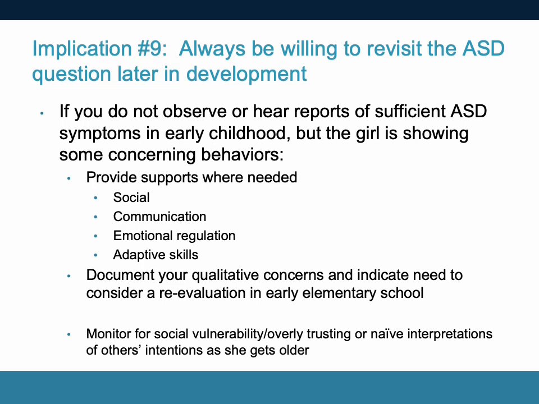So whether they fully meet ASD criteria or present more like a child with a learning disability who also has some social naivete, we want to make sure that we are providing them with some education around how to think about other people and how to understand the motives and intentions of others.